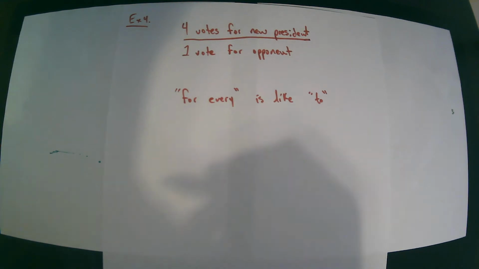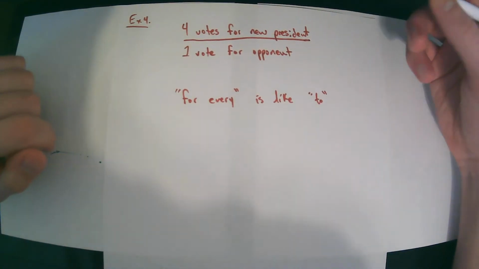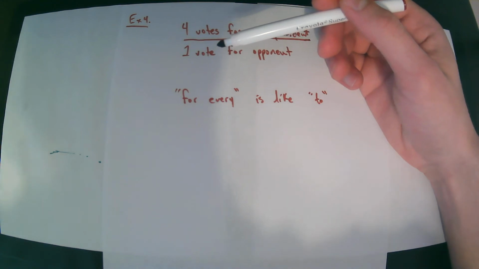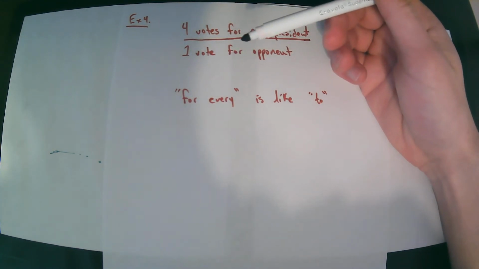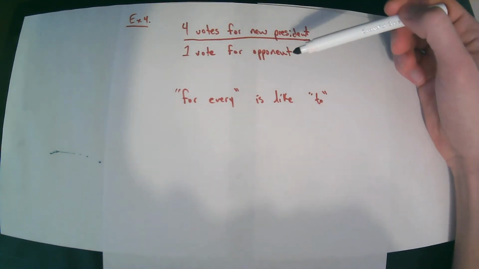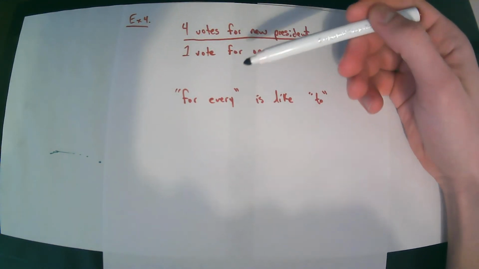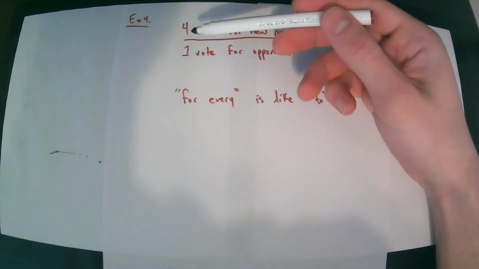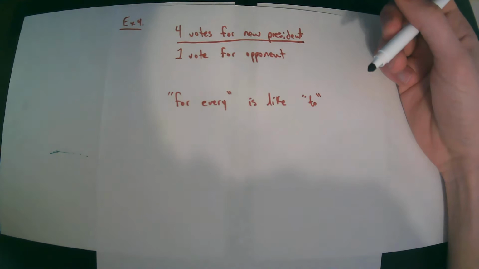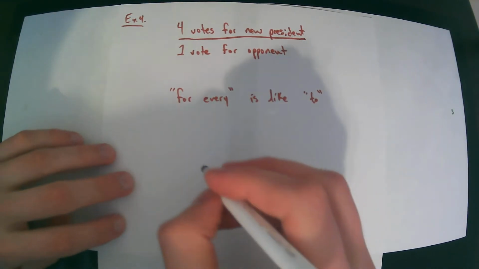They don't specifically say 1 vote for the opponent, but they say for every vote. But if they leave out the number, then you know it's a 1, right? It's a 1.